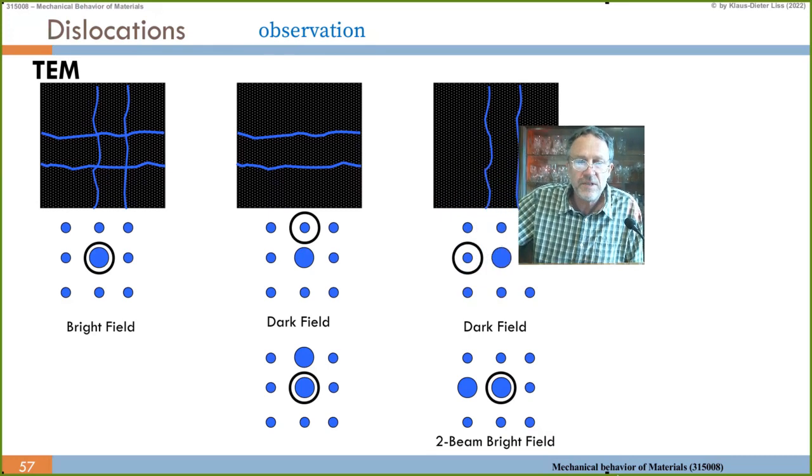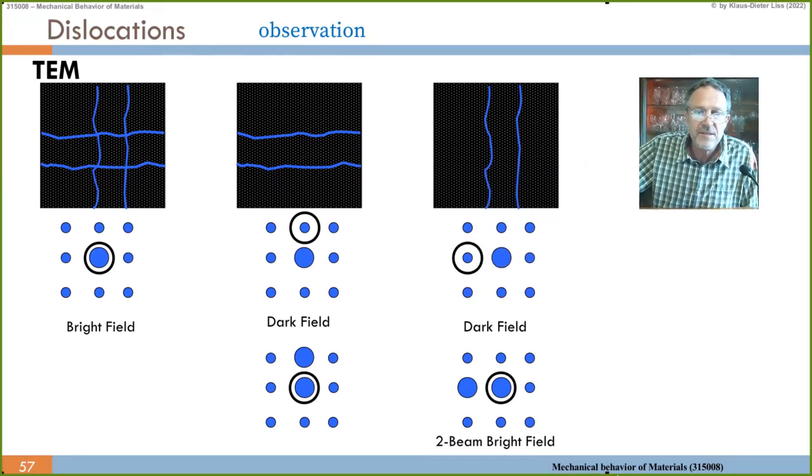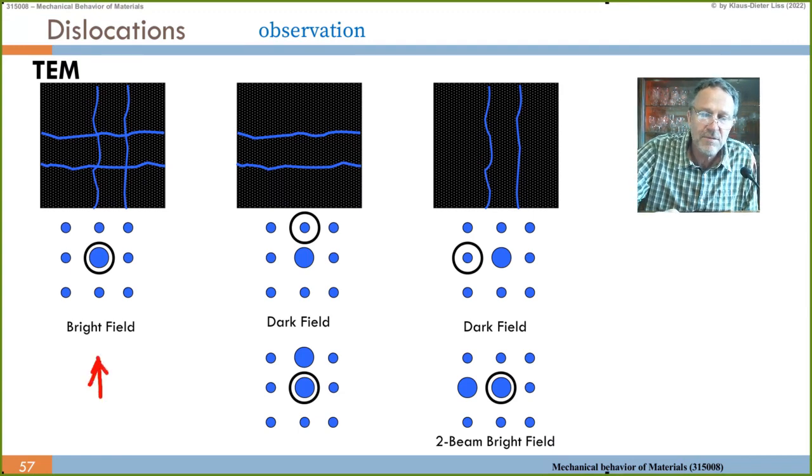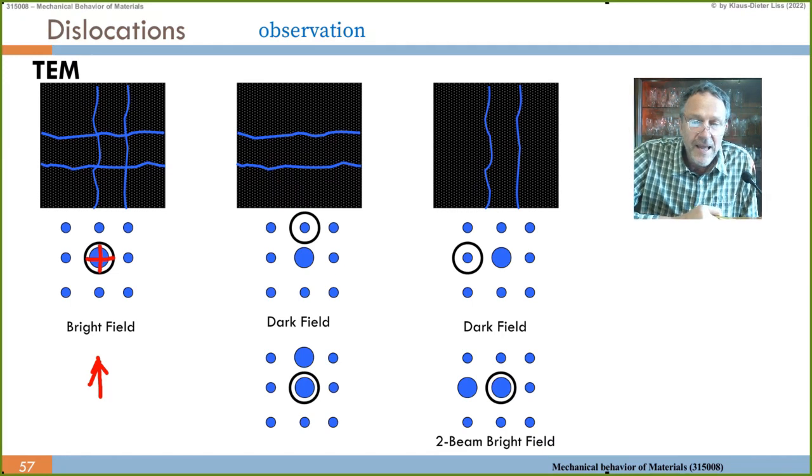Schematically, this is shown here as well. Let's say we have edge dislocations and we do TEM. In the bright field case, we have the situation to the right here. So this is reciprocal space, and you select one of the beams. In the bright field, you select the transmitted beam, which is the 0, 0, 0 reflection. And you see dislocations.